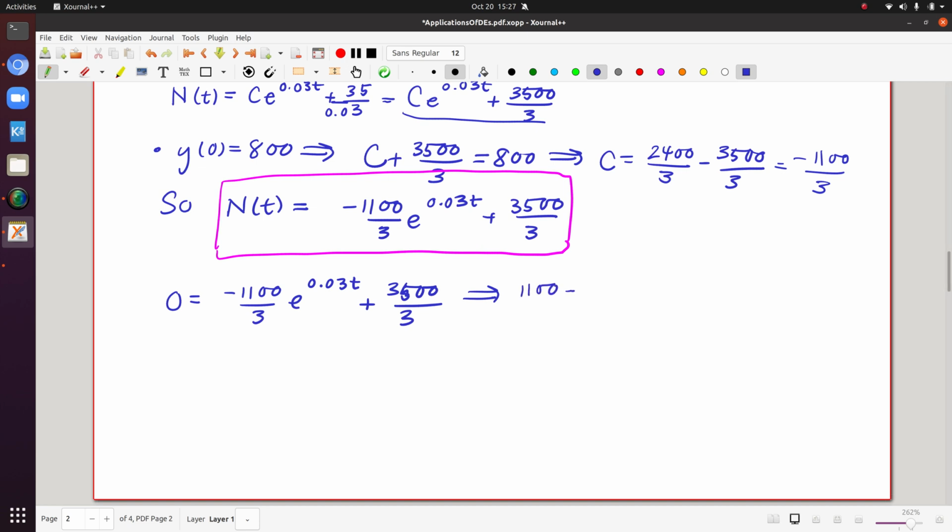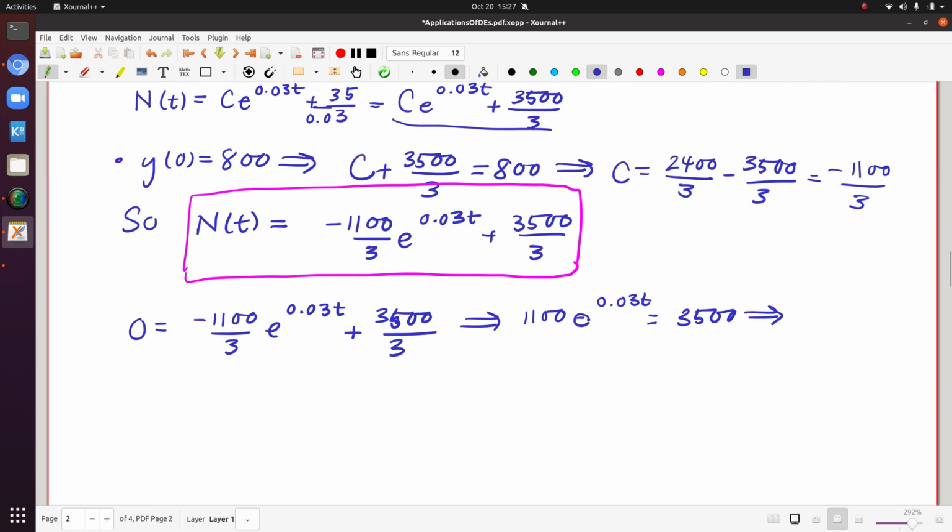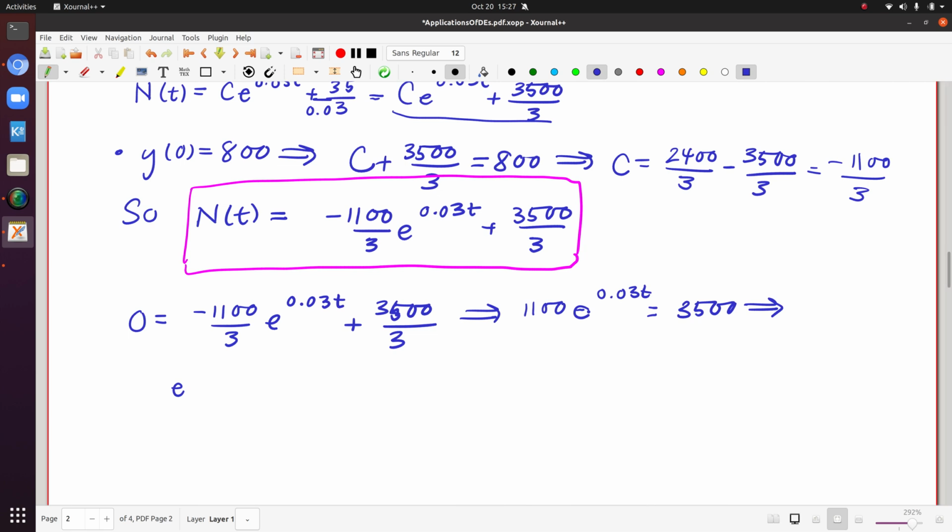and we would be able to then say, subtracting, 1,100 e to the 0.03t is equal to 3,500. If I divide both sides by 1,100, we get e to the 0.03t is 3,500 over 1,100, or 35 over 11. If we take the log of both sides, 0.03t is now the natural log of 35 over 11.